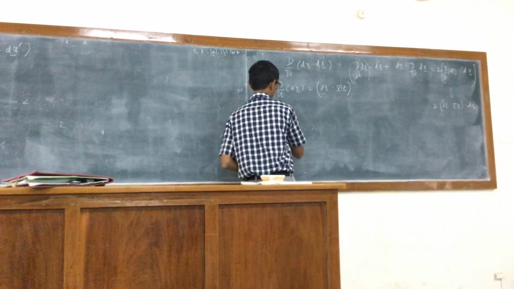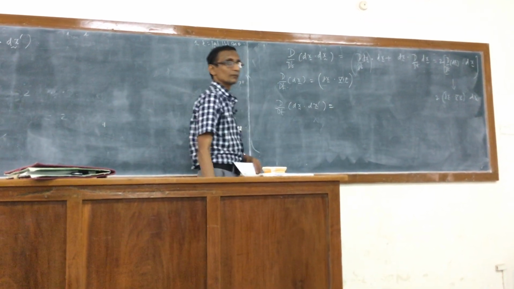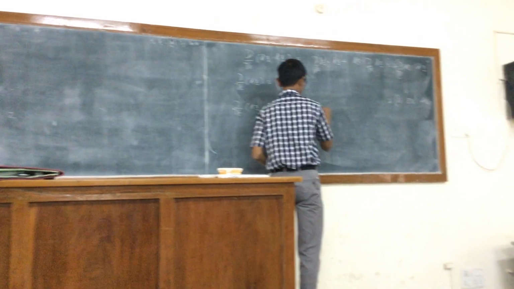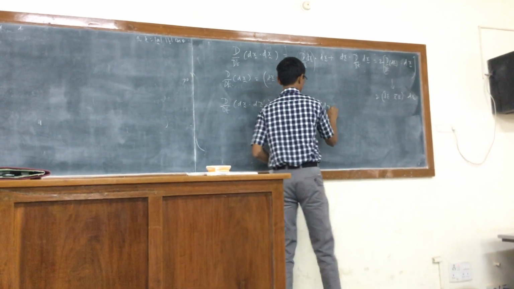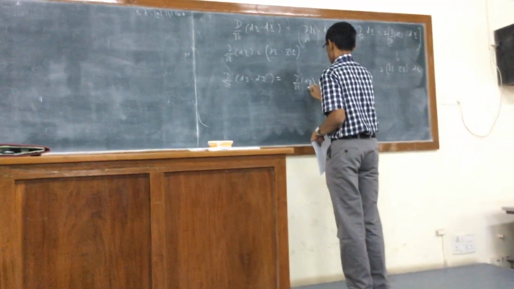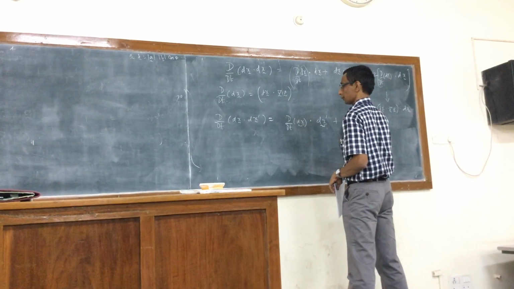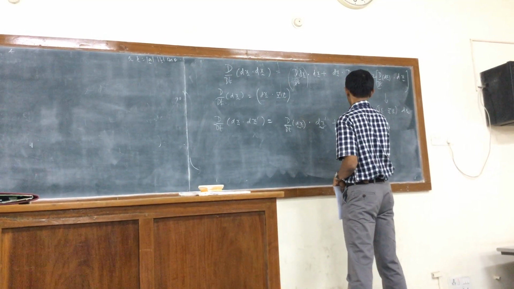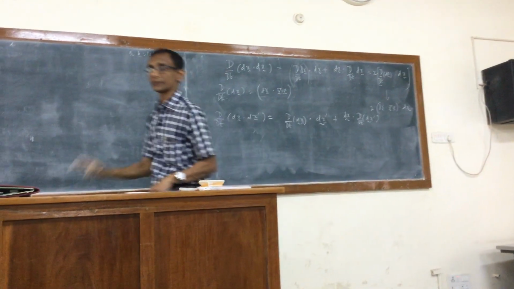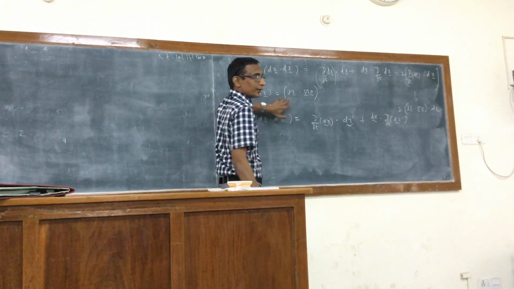The proof for this will proceed along very similar lines. D by dt now of dx dotted with dx prime is d by dt of dx dotted with dx prime plus dx dotted with d by dt of dx prime. Here you cannot write this as 2 times because the two vectors are different. So now I can make use of what I already have.